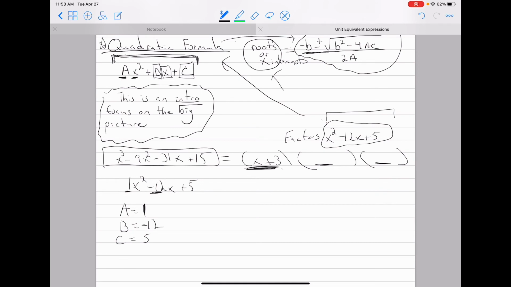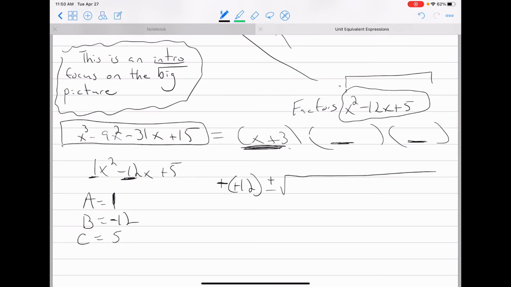So let's see. Negative B. So negative B is negative 12. Negative 12 is positive 12. Plus or minus the square root of, let's see, we have B squared.